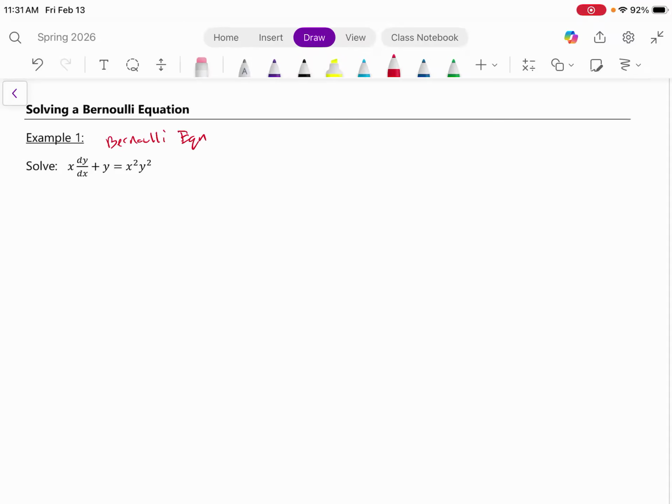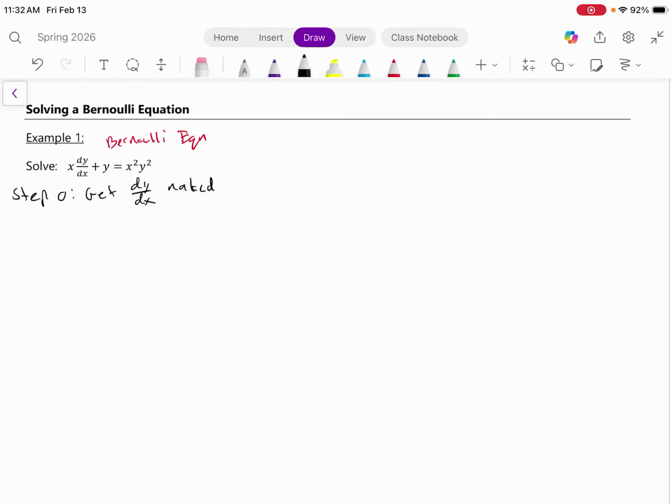So remember the step-by-step methods that we previously talked about. Step 0 is always making sure we're in standard form and having that derivative dy over dx naked. So here I'll say step 0, get dy over dx naked. So what we're going to do is just divide x to both sides to get dy over dx naked.